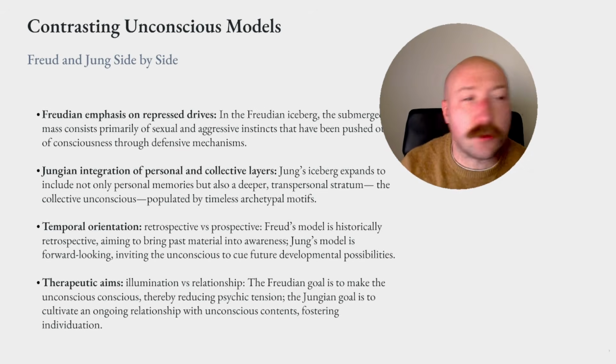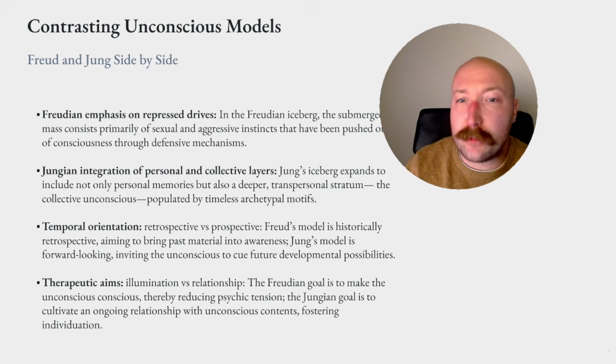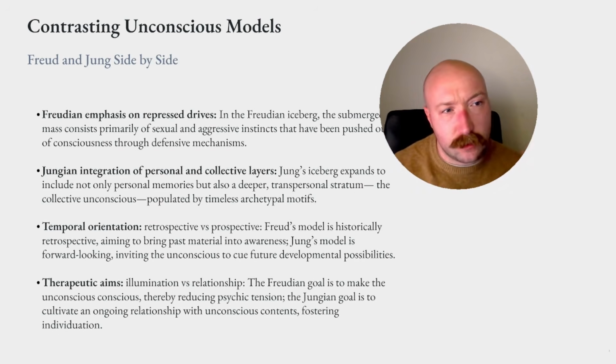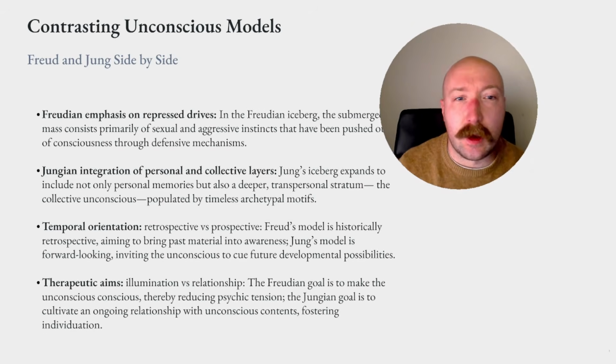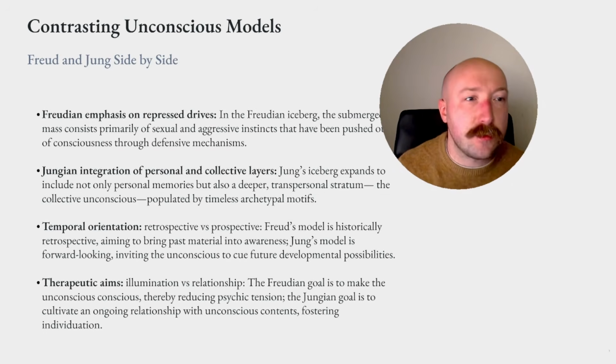This is the crucial insight of Jung: moving from just the personal unconscious, which holds those repressed memories, repressed ideas, the repressed sexual and aggressive instincts, and the problem of what to do with what's coming from perhaps the superego or the id and mediating it.